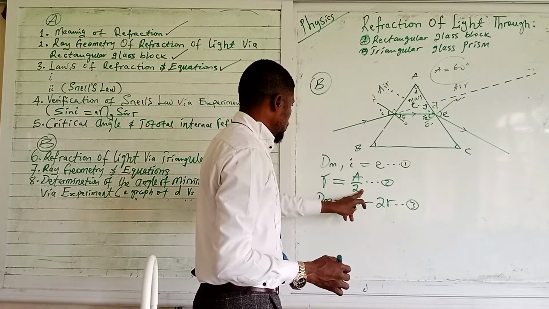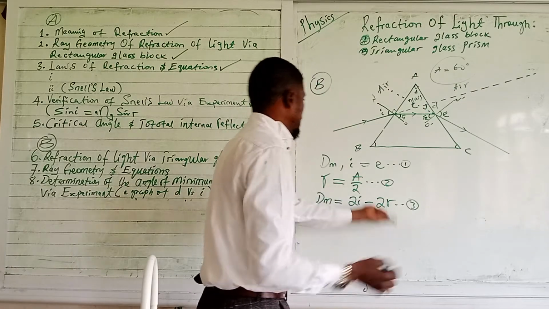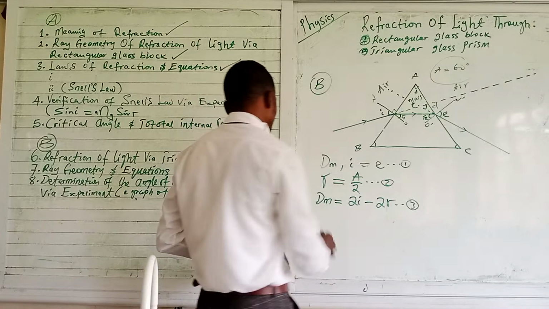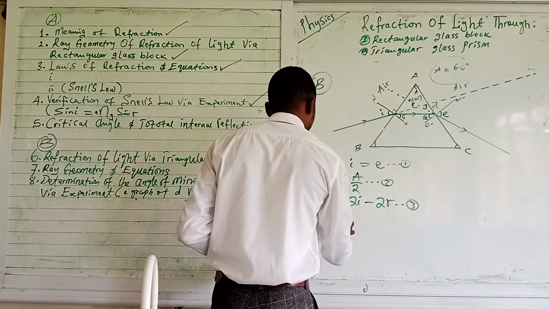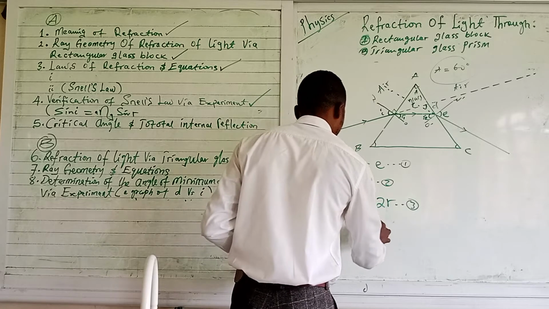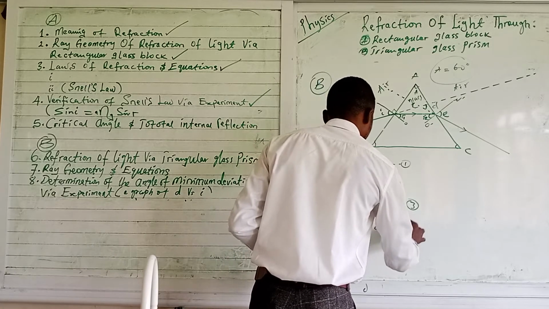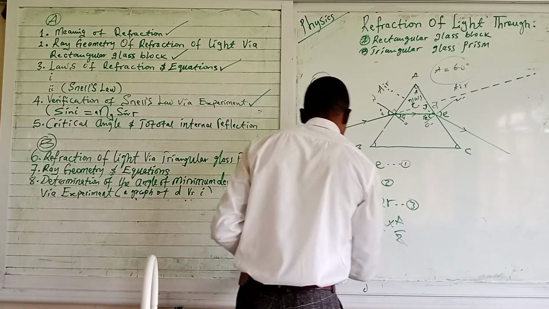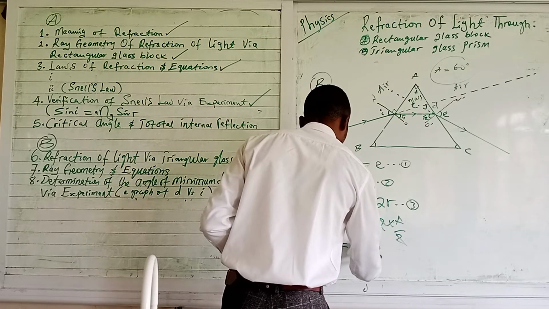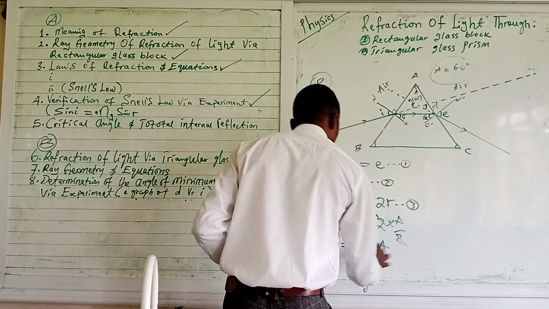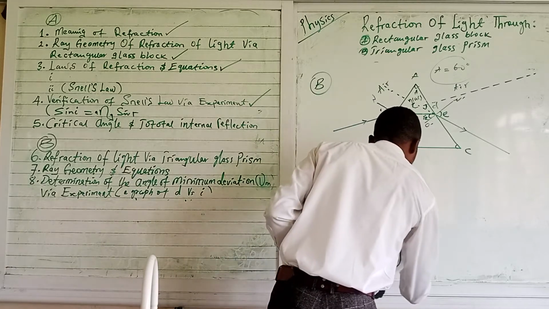A over 2. So equation 3 can make equation 4. So we say that this implies that dm is equal to what? 2I minus what? 2 times A over 2. This go, this go. So your angle of minimum deviation is what? 2I minus what? A. You can call this equation number 4.